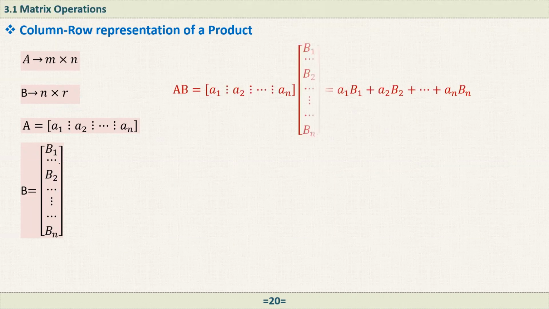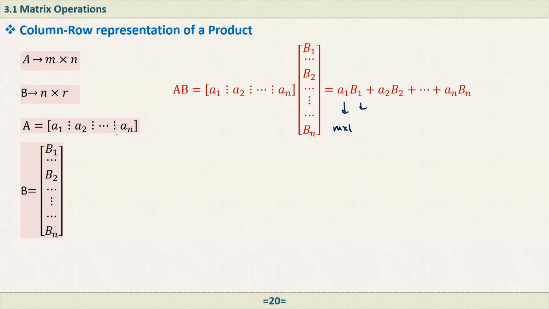So now, as you see here, if you just multiply A by B, what do we have? Here we have A1, A2, AN, and B1, B2, Bn. First, make sure that this multiplication is defined. If you just write the size, what is the size of A1? A1 is a column vector, right? It has m rows here, so that is m by 1.